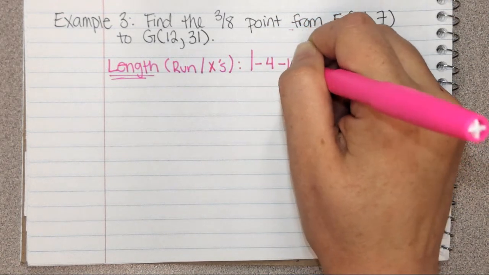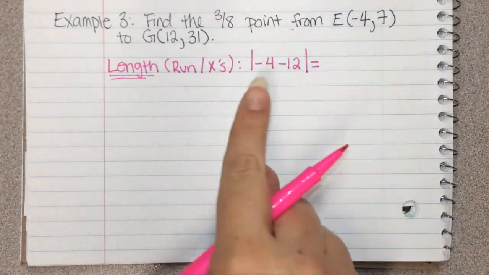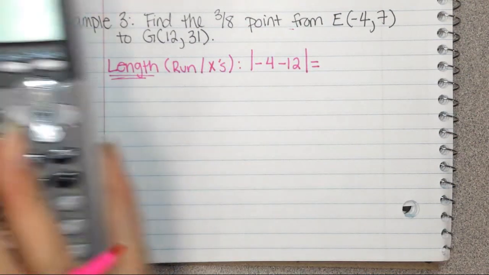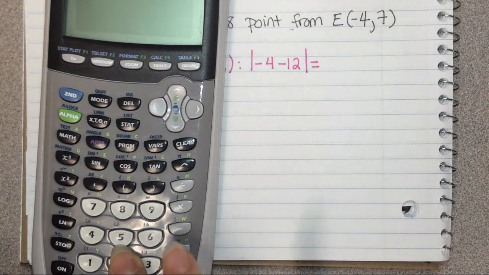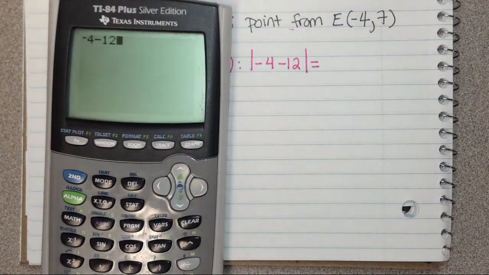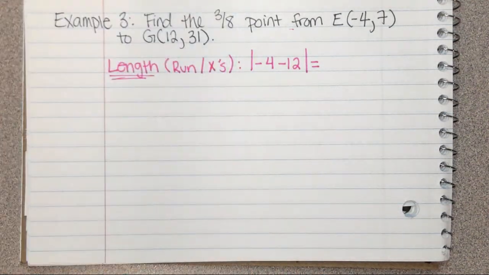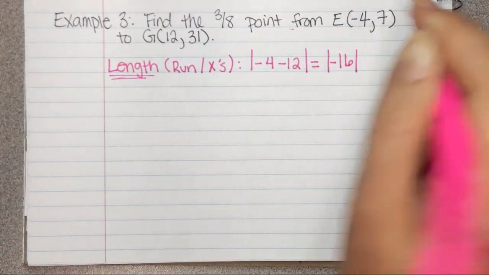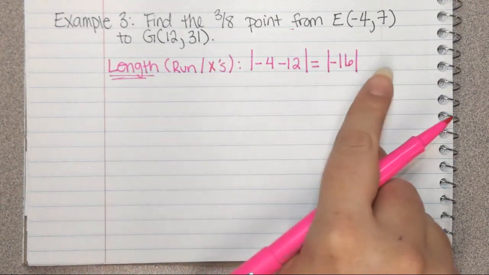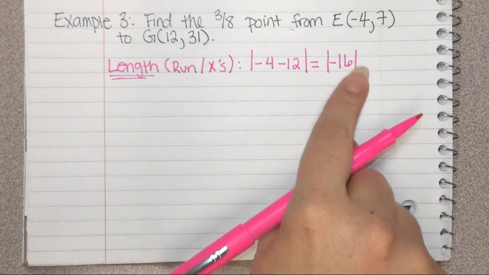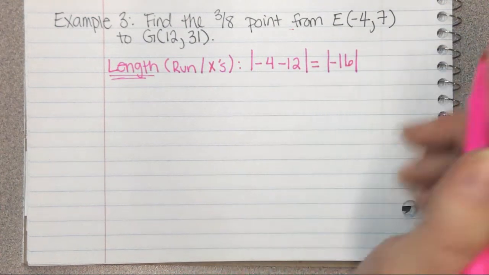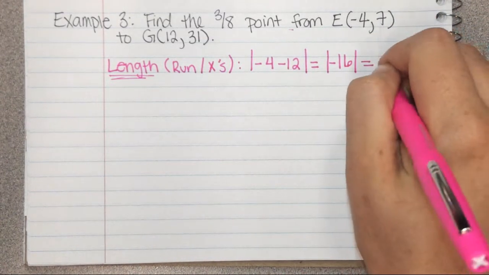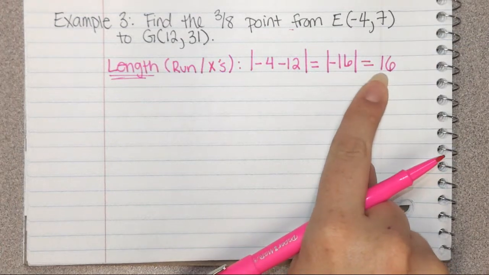So -4 minus 12, and we're going to take the absolute value of our answer. If I do -4 minus 12, that gives me -16. But we're wanting to find the length here. Lengths are not negative, which is why we take the absolute value. The absolute value makes the negative go away, and this becomes +16.